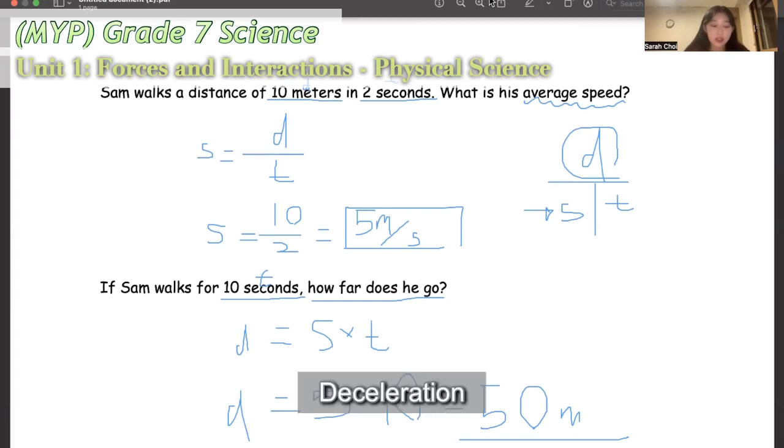Deceleration is a term used to describe a decrease in speed, or negative acceleration. Increase is to make something larger or greater in quantity or value, and decrease is to make something less or reduce its quantity or value.